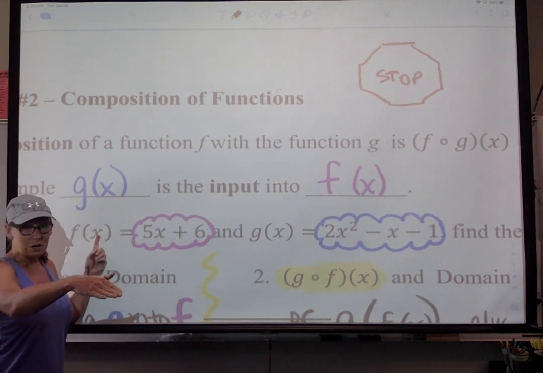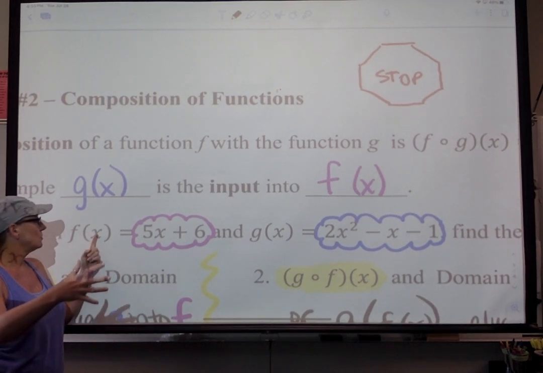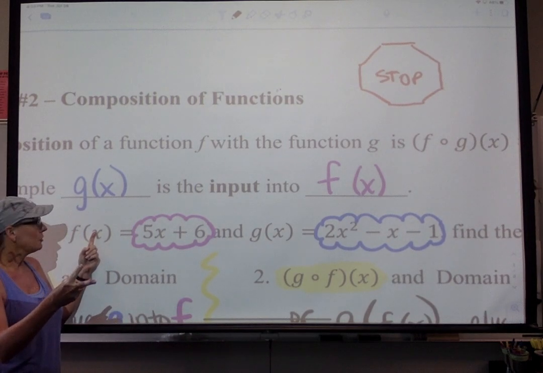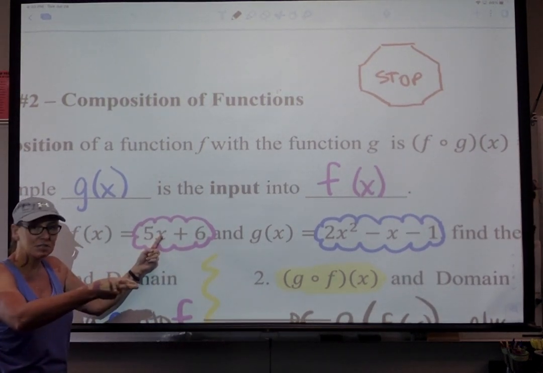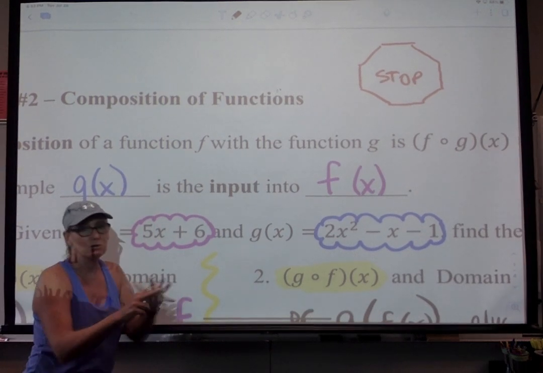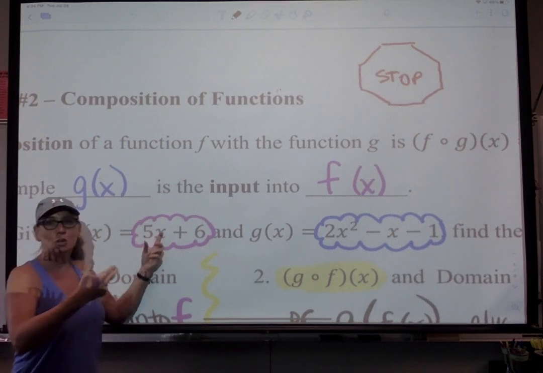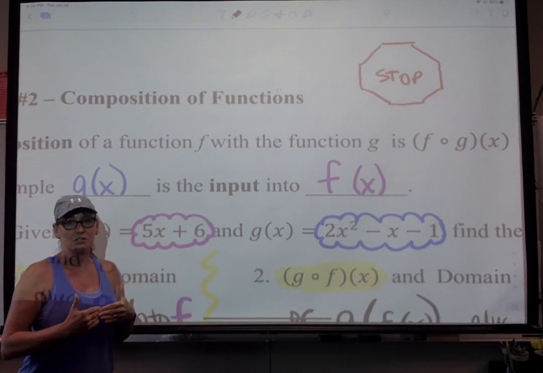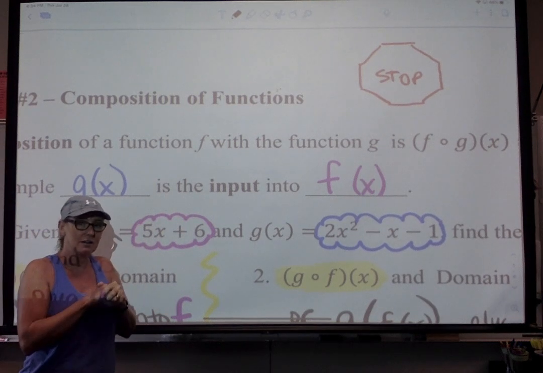I know that you know when it says find f of 2, you're supposed to plug 2 in for x. So plug 2 in for x, what do you get? I know, 16, but no, like, what is that? What does that represent? When you plug 2 in for x, what do you get out of it? You get a y value as your answer, right?